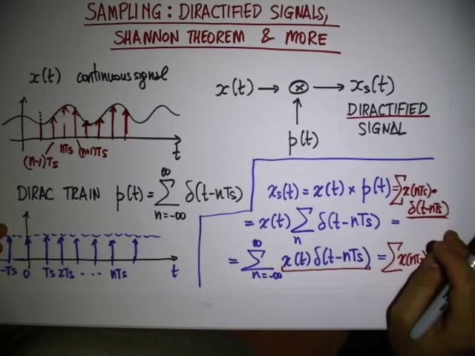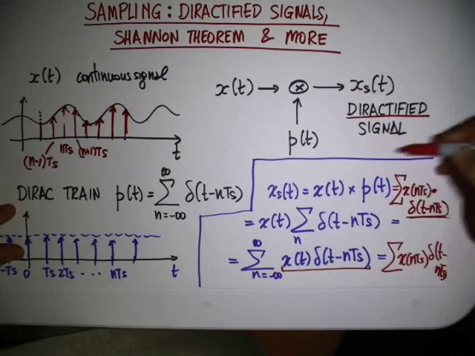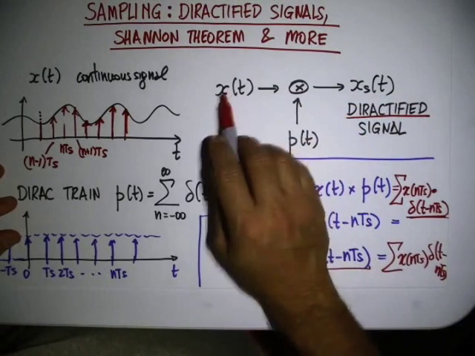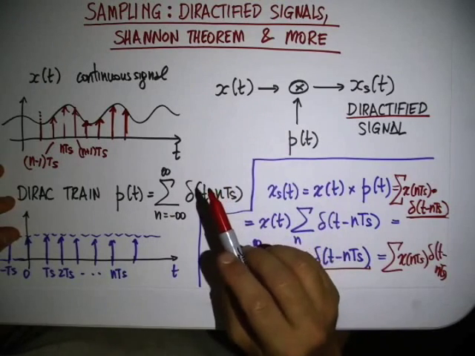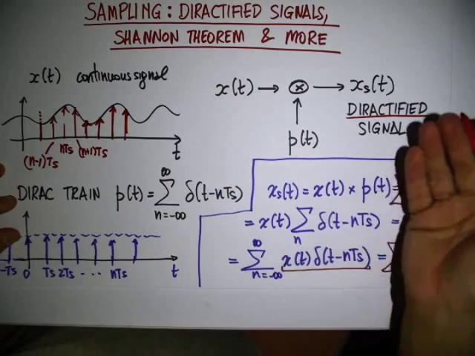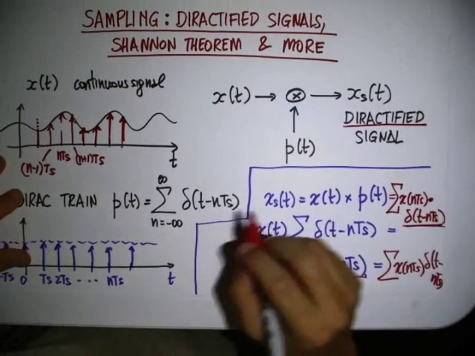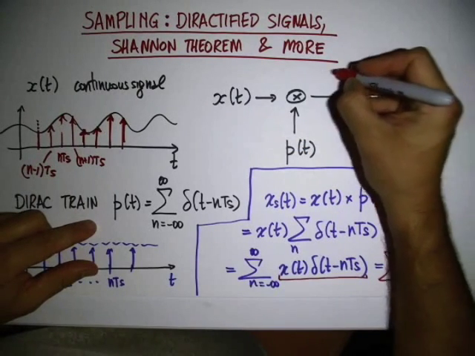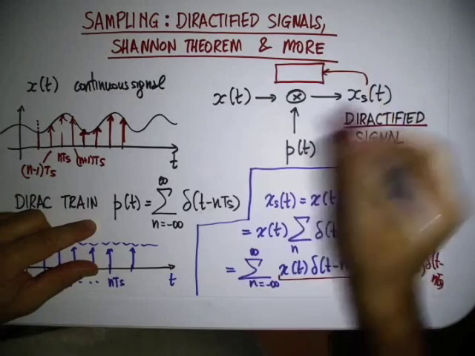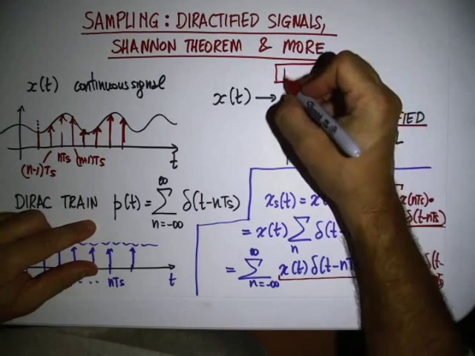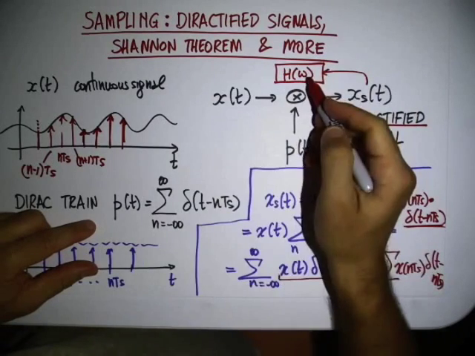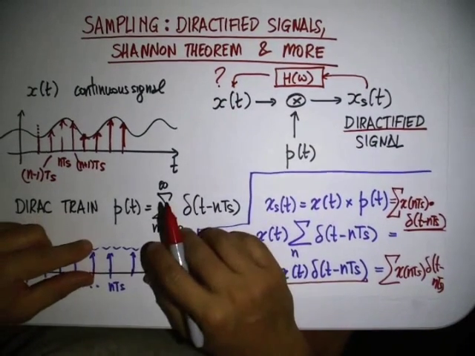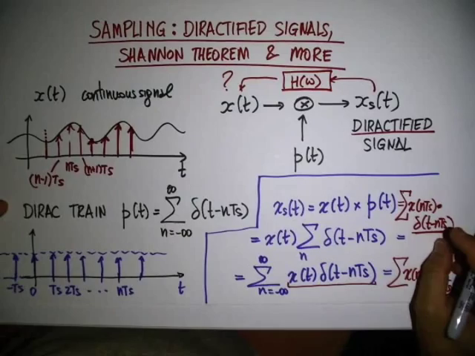Now, what I would like to show is, let's assume that given this Diractified signal, we would like to apply a filter to it and re-obtain the original continuous signal, or at least understand under what conditions we can recover it. So we would take this Diractified signal, put it inside a filter that we need to design, and see if we can recover the original continuous signal.